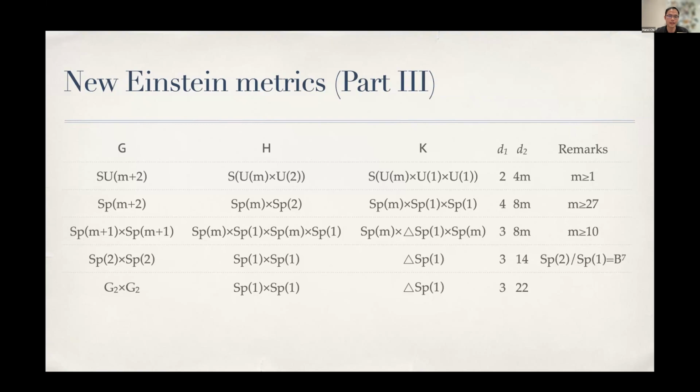And the last case is just two copies of G2 mod the maximal SP1. Right, so for all these principal orbits, by checking a relatively simple inequality, you can immediately obtain some homogeneous Einstein metrics, which is great.